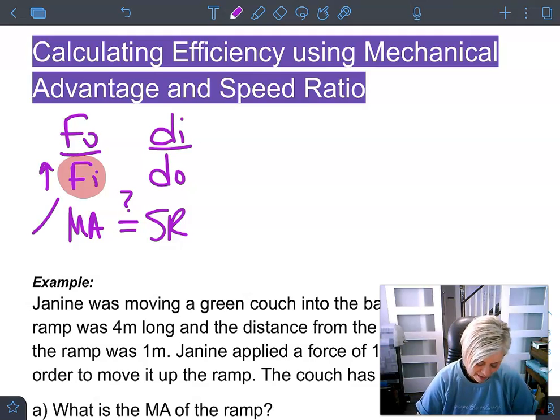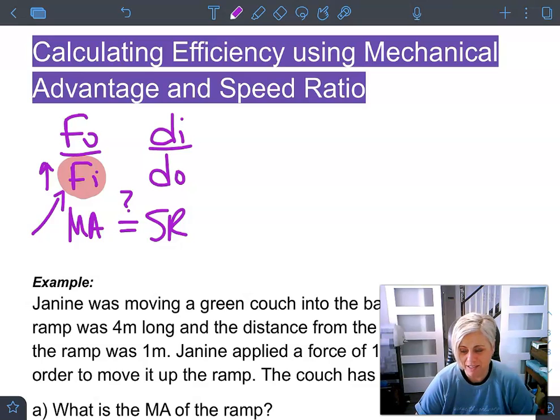That is the spot where friction affects that force relationship. If you make the force input a little bit higher, mathematically, that's going to come out to a lower number. So what we see in reality is that the mechanical advantage never quite equals the speed ratio. It's always somewhat less. And the further behind that mechanical advantage is, the less efficient the machine is.